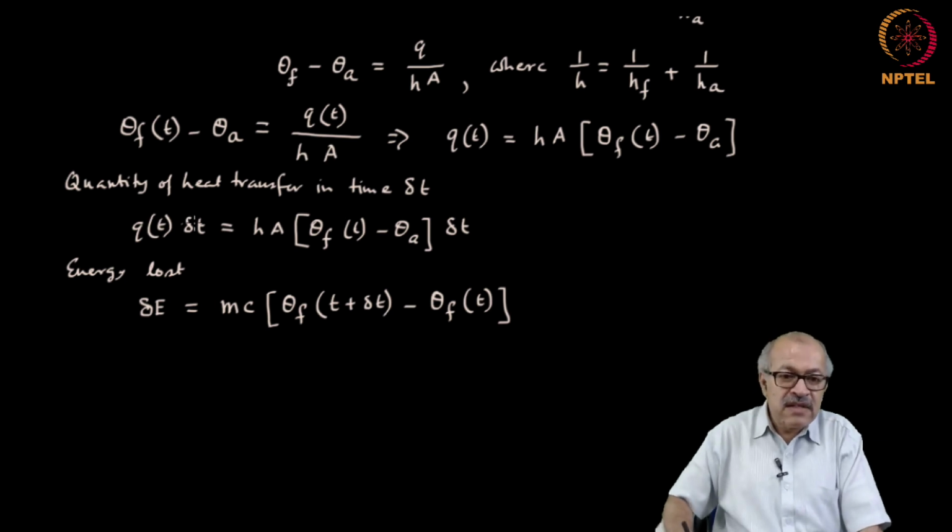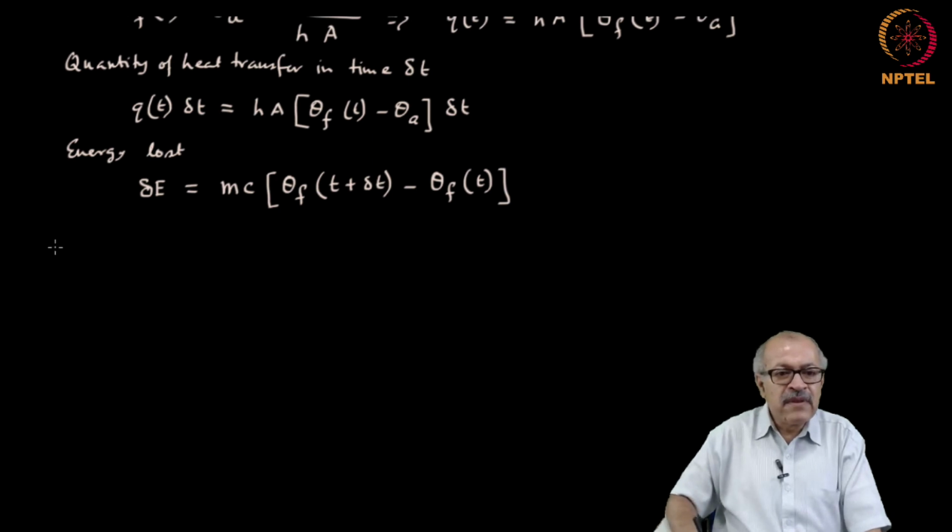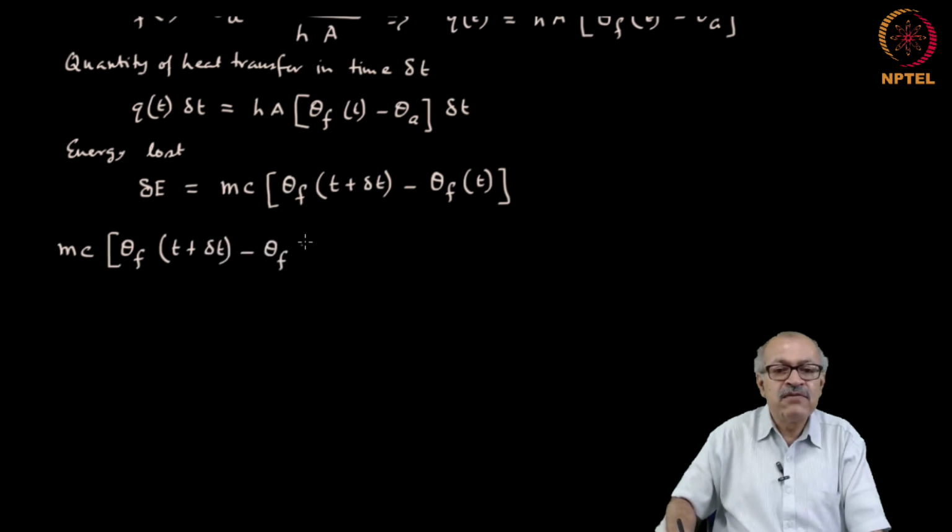So, these two quantities, this and that, should be equal, because this also talks about the amount of heat that is transferred and this also talks about the amount of heat that is transferred. So, let us equate the two right hand sides. So, if you equate the two right hand sides, then we get m c times theta f at T plus delta T minus theta f at T. So, this is the amount of heat that goes.